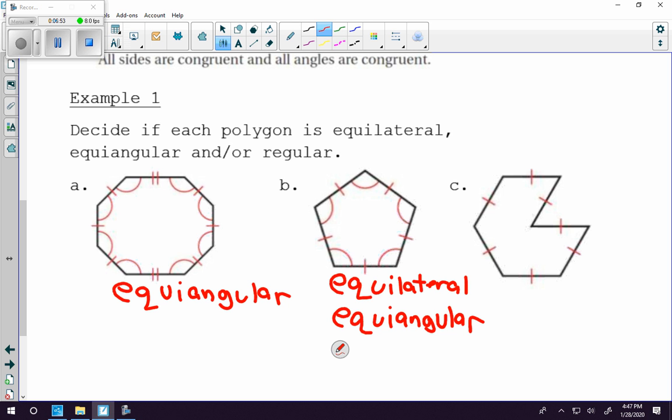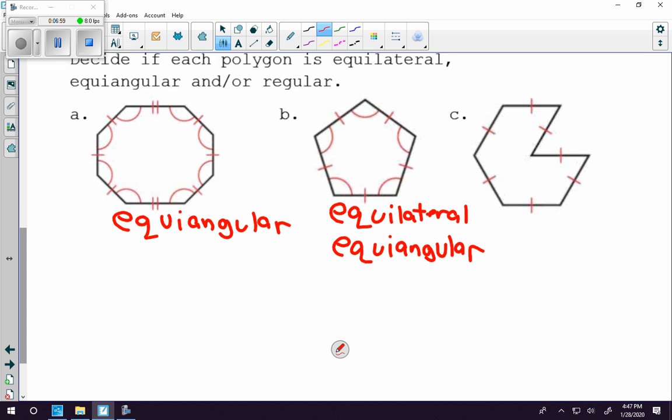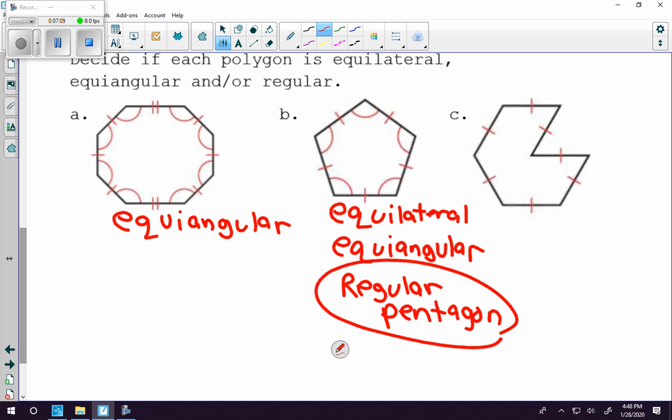So this convex pentagon that we're looking at is equilateral and equiangular, and because it is both of them, we now classify this as a regular pentagon. Why is it regular? Because it's both equilateral and equiangular.